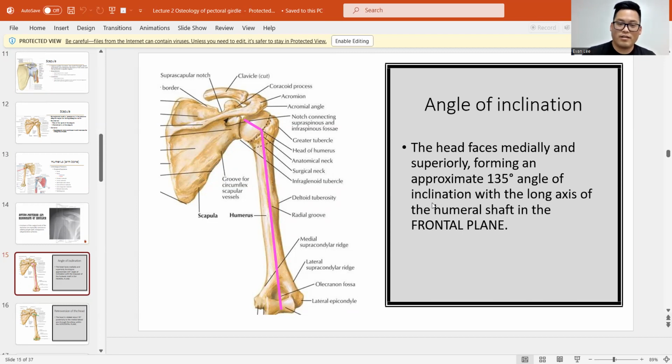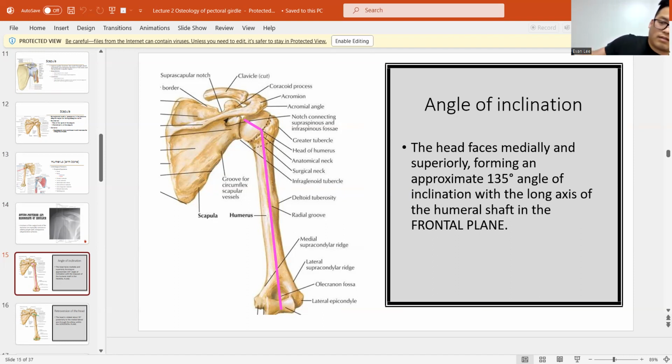There's a couple of angles to talk about, the first of which is called the angle of inclination. The angle of inclination is an angle where the humerus ever so slightly goes outward from the shoulder joint. And this is at about a 135-degree angle from the head of the humerus going downward.